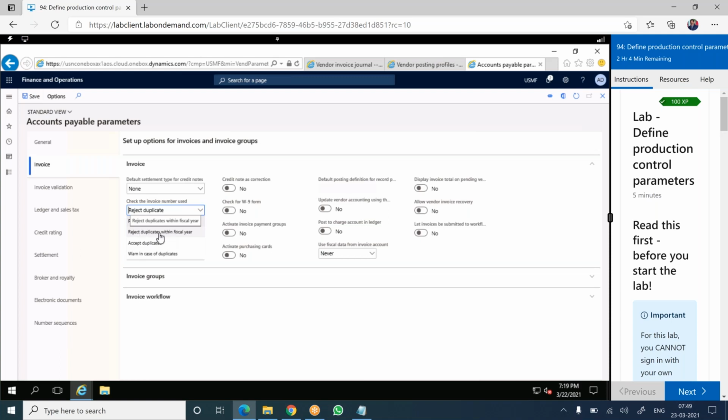So then you can map this one, reject duplicates within fiscal year. If it is within the year, then it will stop. If it is other than this year, it will allow you. Make sense? Okay. So depending upon the client requirement, you can configure. See, this is for rejecting duplicates forever. This is within the financial year.